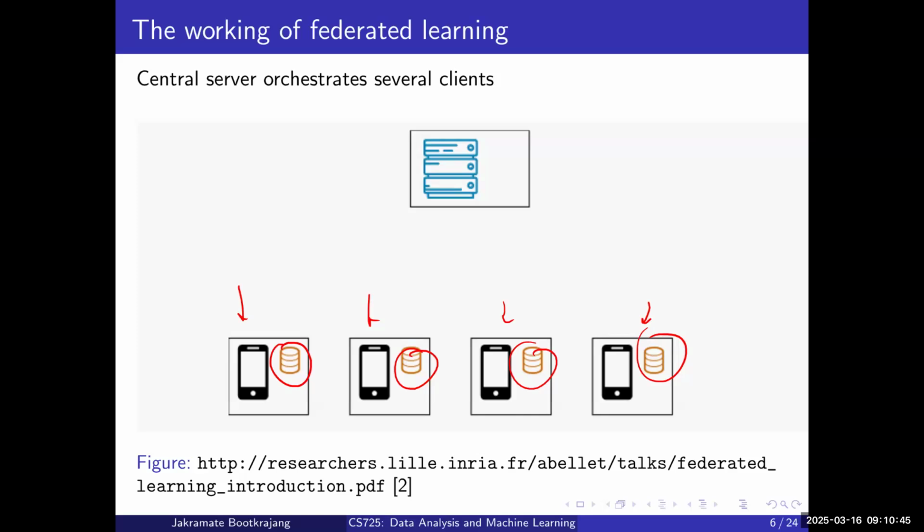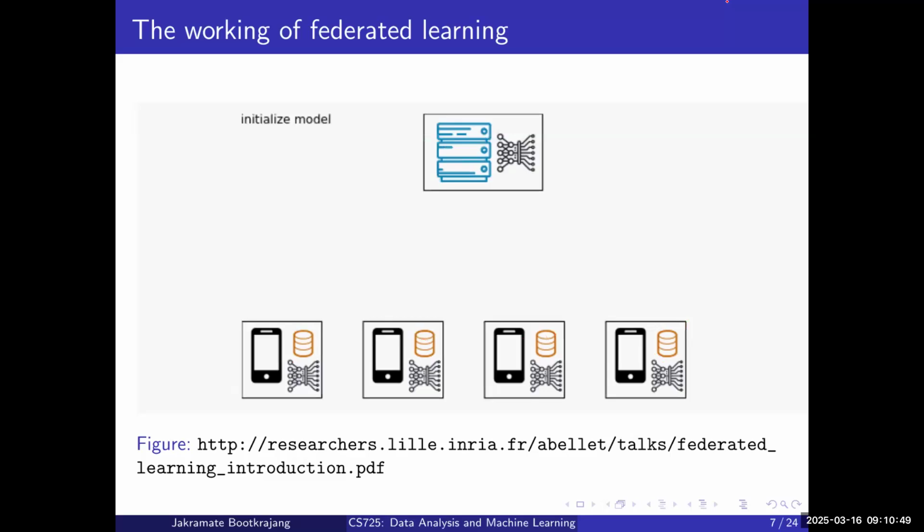At the start, what we do is we initialize the model. We have a machine learning model, maybe we create a neural network, and this model is actually the same in every device.